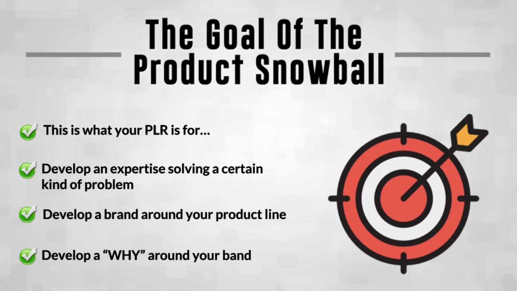You start to develop these branding campaigns because the why is how you connect with a person. You don't have to spend $1 million on your brand. You've got to connect the why to why I want to buy my product from you. It goes into USP and all the other stuff, which we will get to later on. But that's really the goal of the product snowball.